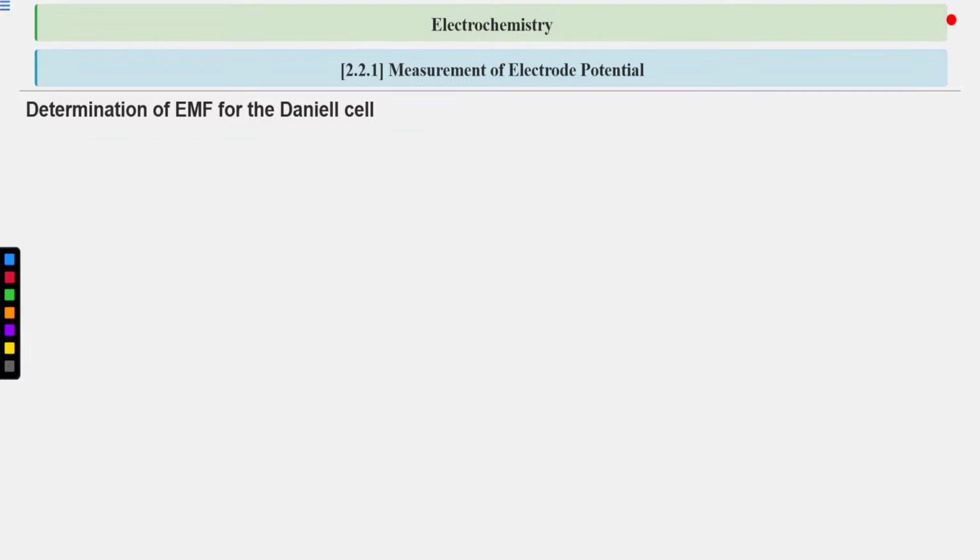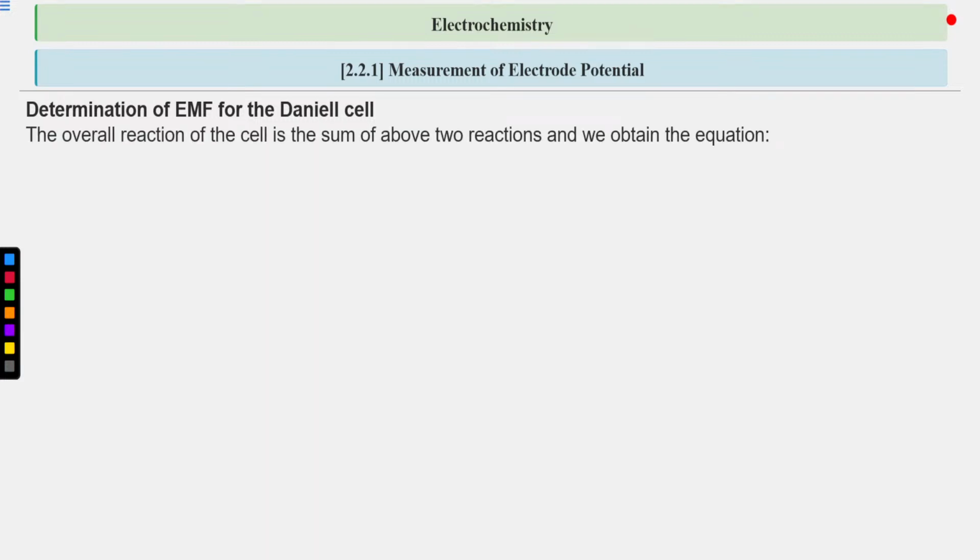Now the overall cell reaction of the cell is the sum of above two reactions and we obtain the equation. Okay, we just see the two half cell reactions. So if you want to see the overall cell reaction, it will be the sum of the two half cell reactions. So we just add the two half reactions. That means we add the left electrode reaction and the right electrode reaction together.